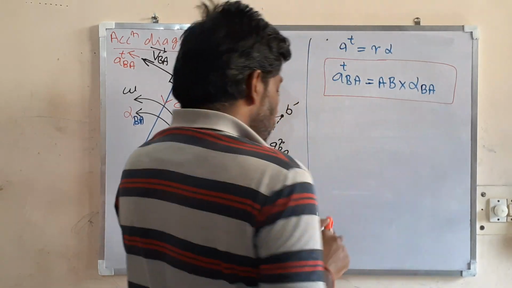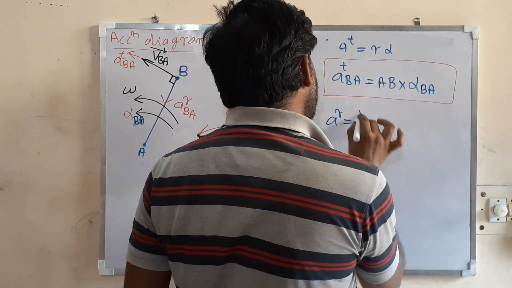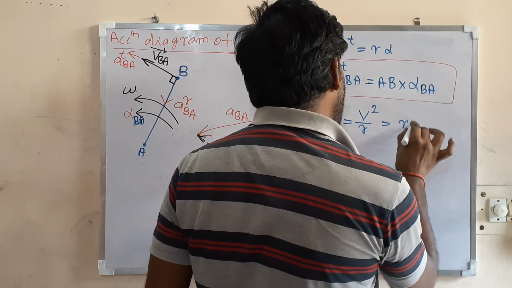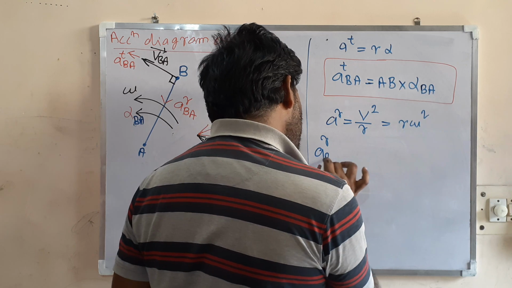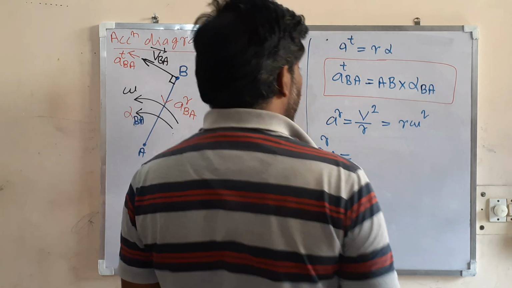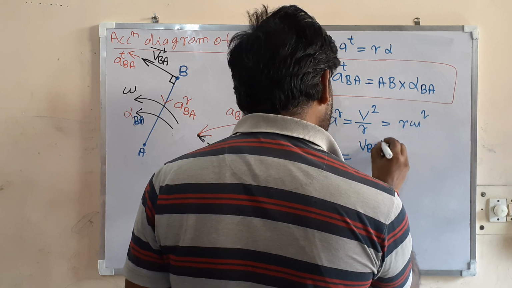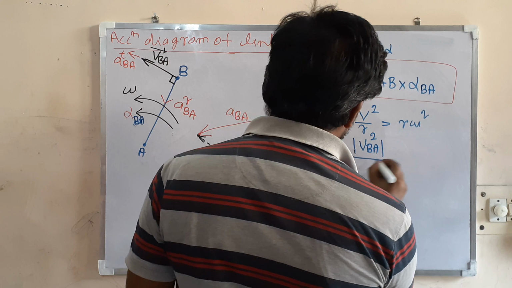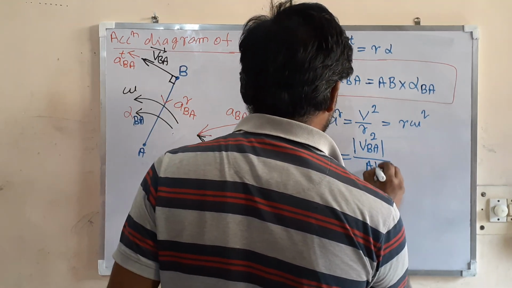Now another relation: radial acceleration AR is equal to V squared by R, which is equal to R omega squared. So AR of B with respect to A is equal to the velocity of point B with respect to A squared, taking only the magnitude, divided by the radius of the link, which is AB.